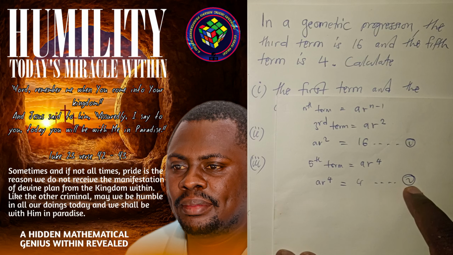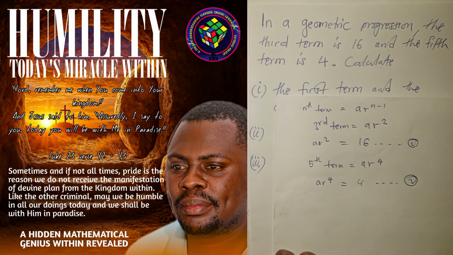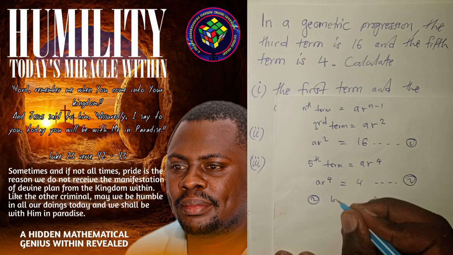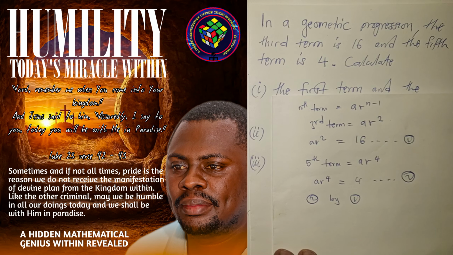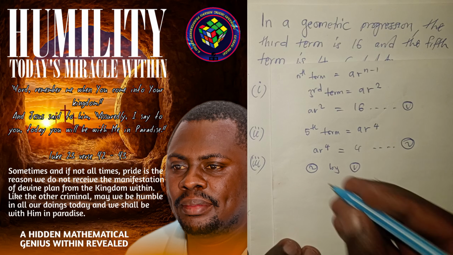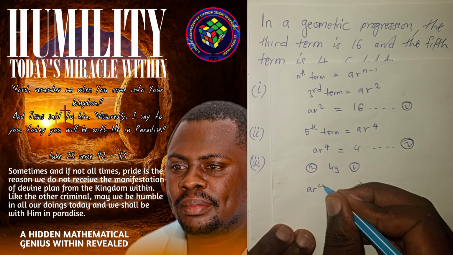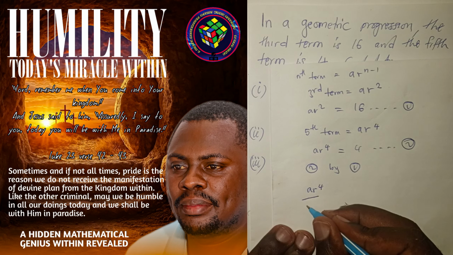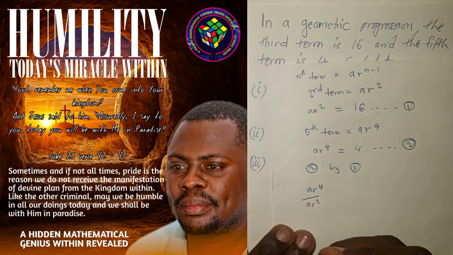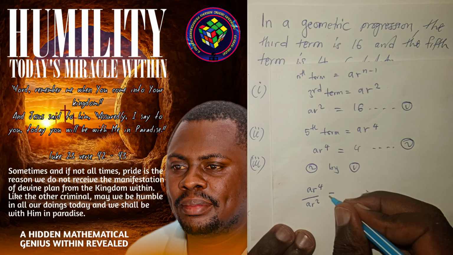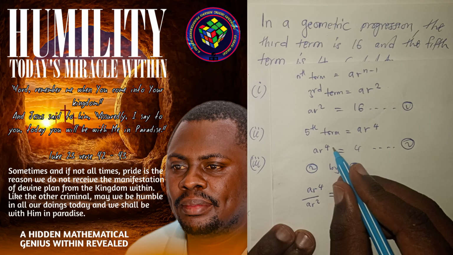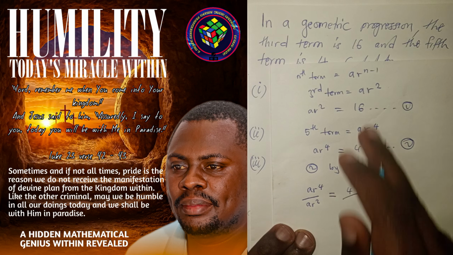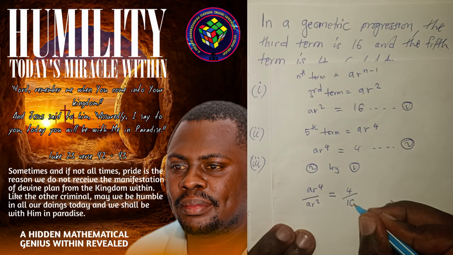So equation 2 has the highest power of r, so we can divide equation 2 by equation 1. In equation 2, we have ar to the power 4, divided by, in equation 1, ar squared. So this is equal to 4 over 16.